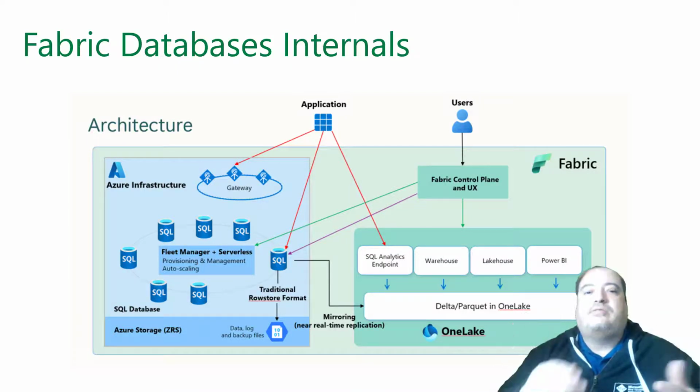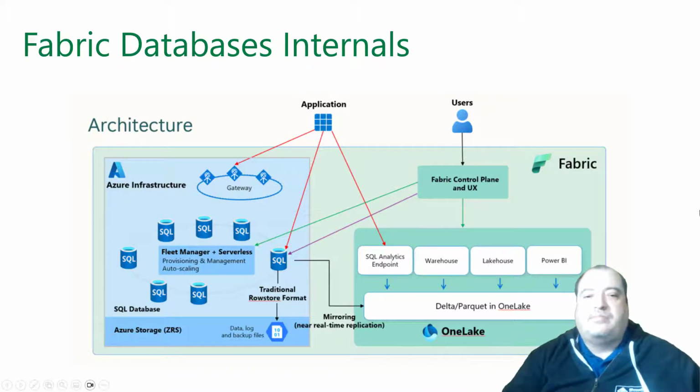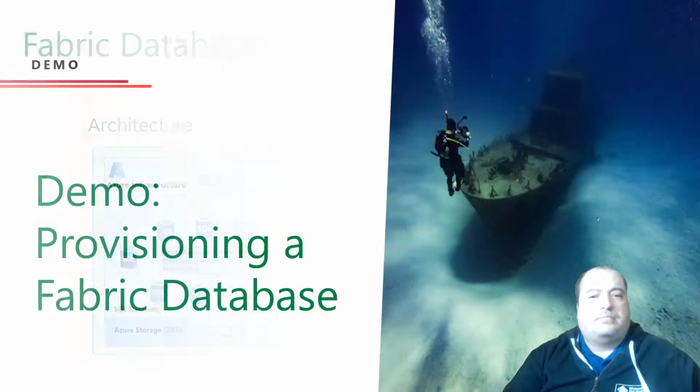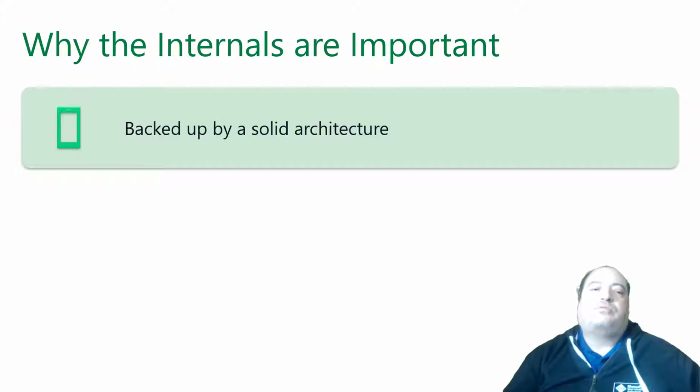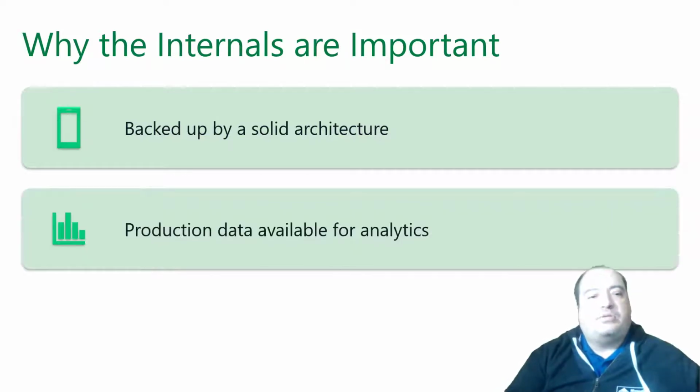It's easy for the user not to see the complexity behind the scenes. Why are these internals so important? These internals are important because we understand the feature is backed by a solid architecture in Azure SQL.